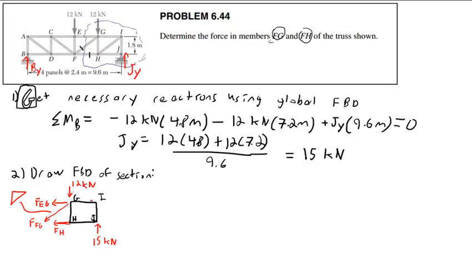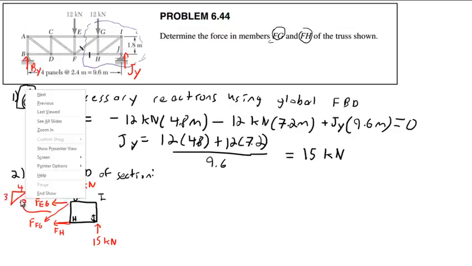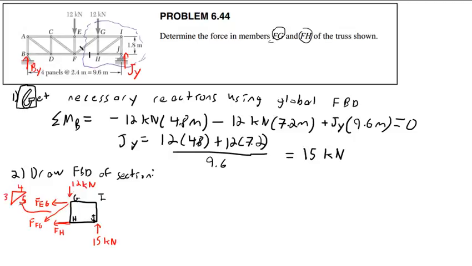I'm only concerned with the external forces on the cut. And when I cut it, each of the member forces that we cut becomes an external force. So this is then a 4, 3, 5 triangle.